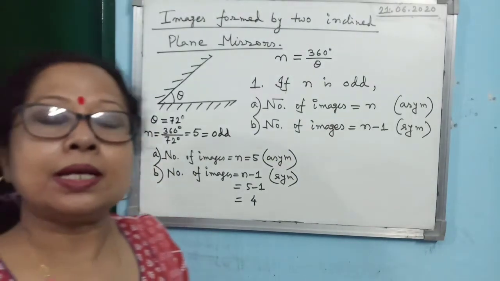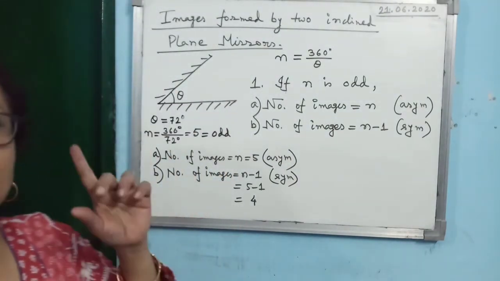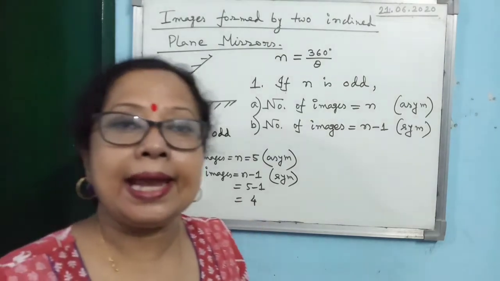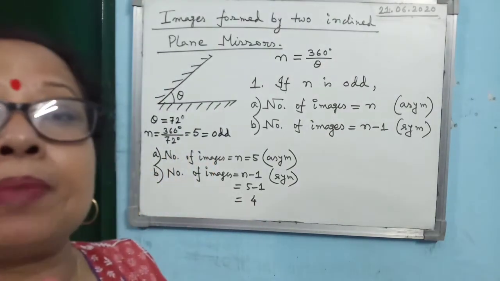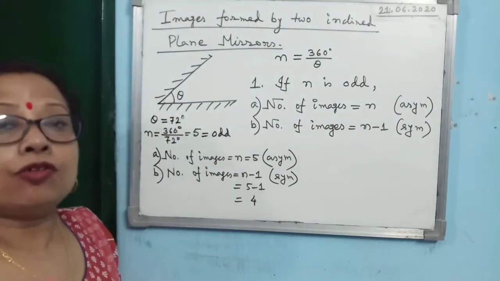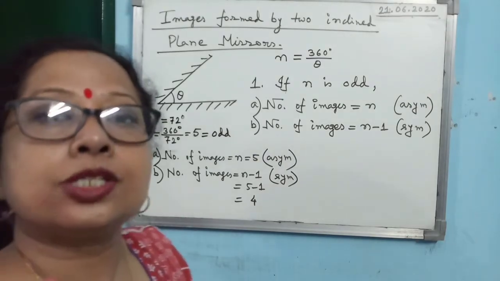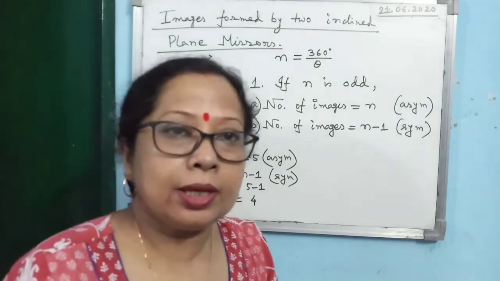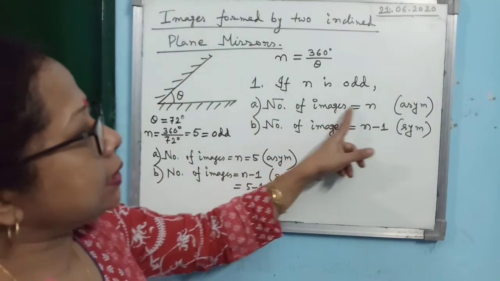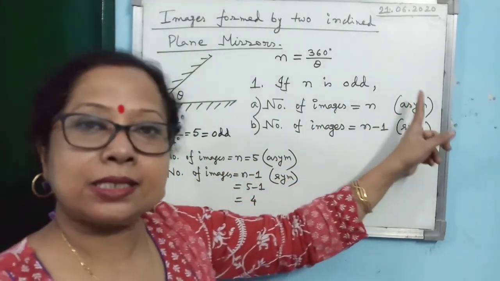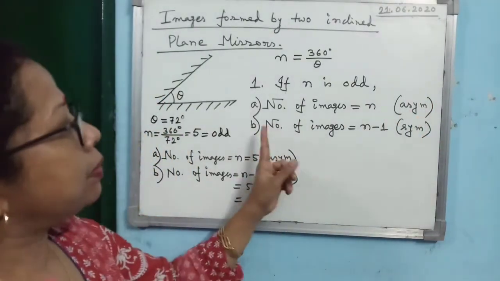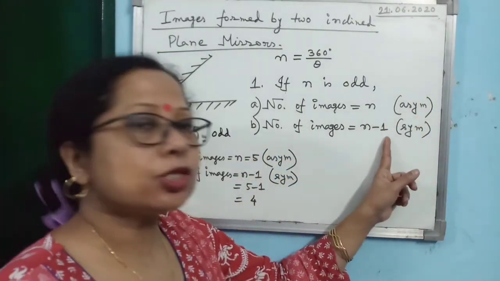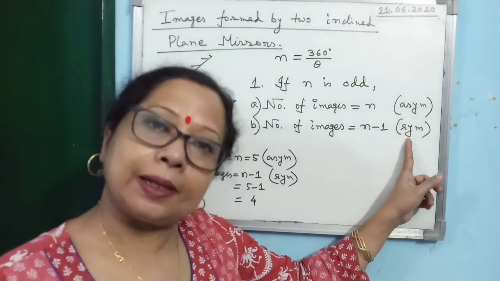So again I am summarizing it. What is the first step? Calculate n is equal to 360 by theta. Then find out whether it is odd or even. If it is odd, then the number of images is equal to n for the asymmetrical setup and the number of images will be n minus 1 for the symmetrical setup.